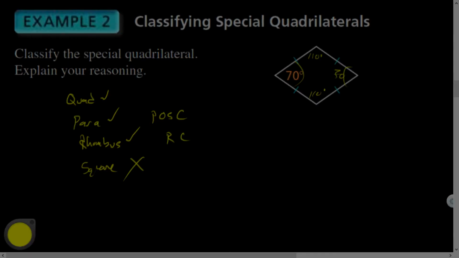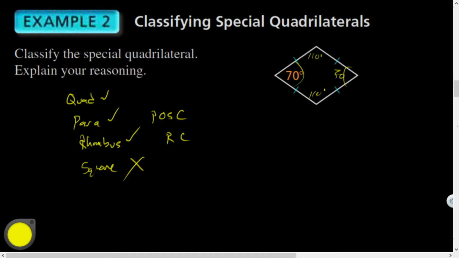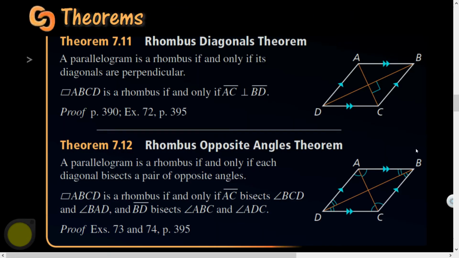Turns out all rhombuses have these properties. The Rhombus Diagonals Theorem. What was true about the diagonals of a regular parallelogram? The parallelogram diagonals theorem said that for any parallelogram, the diagonals bisect each other.